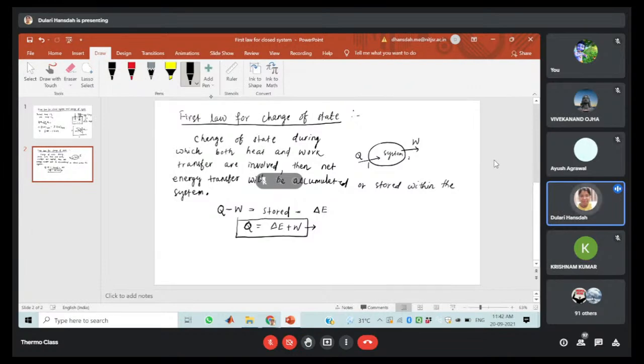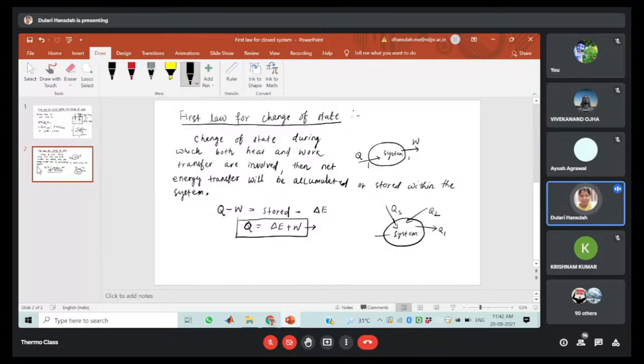Okay, so suppose there are many energy transfers in the system. So if I am writing here, it is your system. So suppose we are having the Q1 amount of heat transfer, and here it is your Q2, and again here it is your Q3, right?